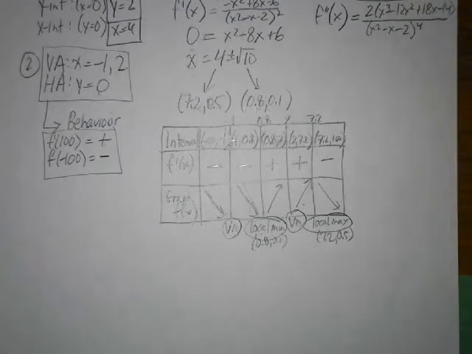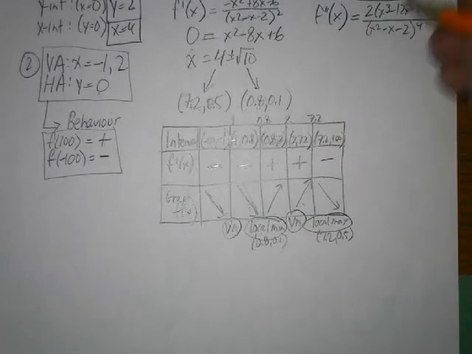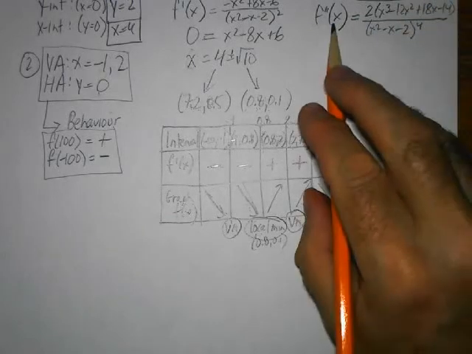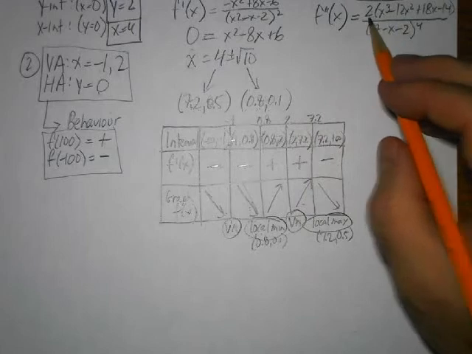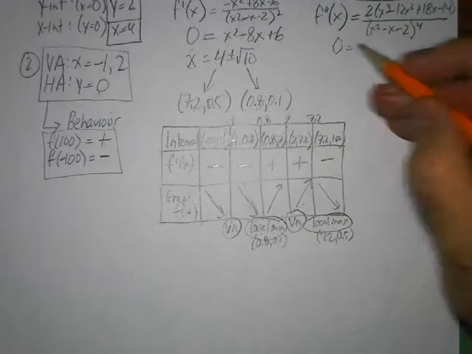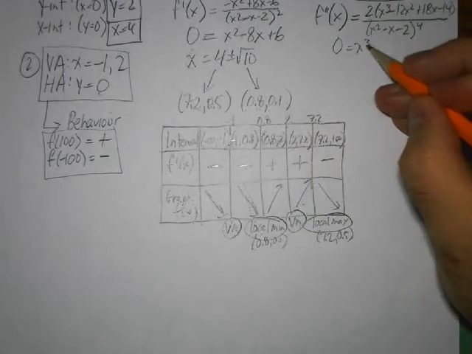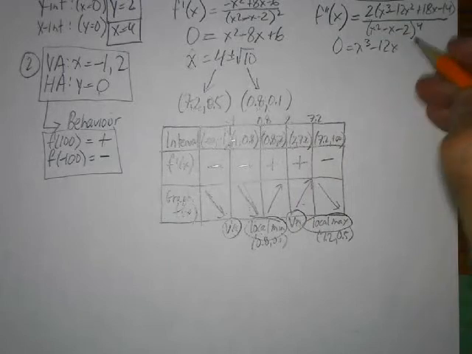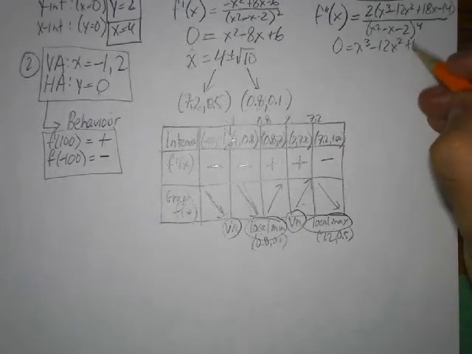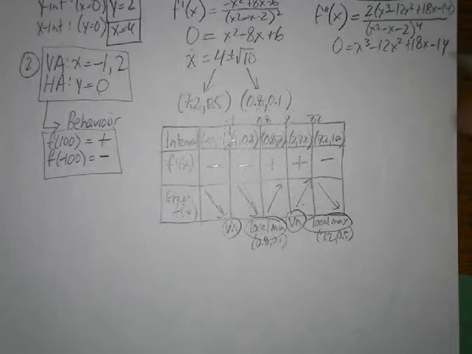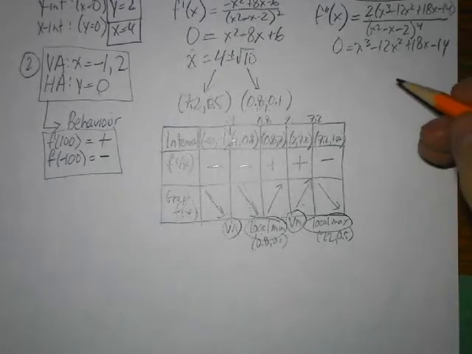Okay, so if we're to find the points of inflection, you would be setting this equal to 0. You could ignore the 2 there. So you're basically solving for 0 equals x cubed minus 12x squared plus 18x minus 14. And this only has one solution.